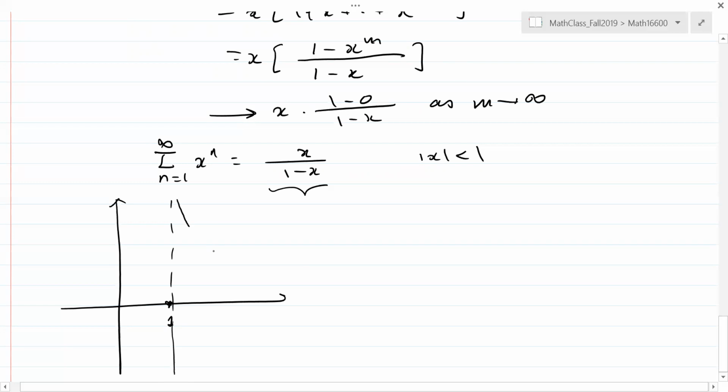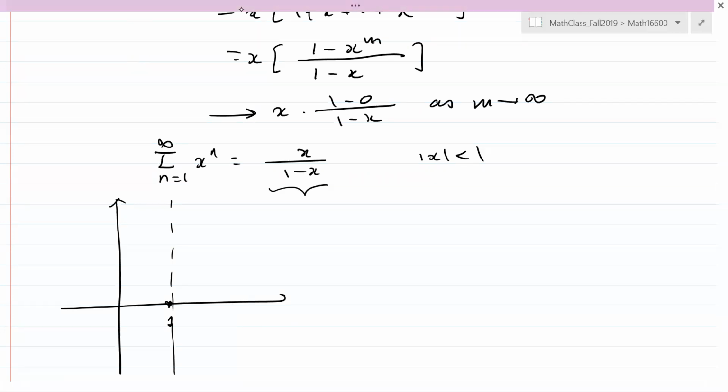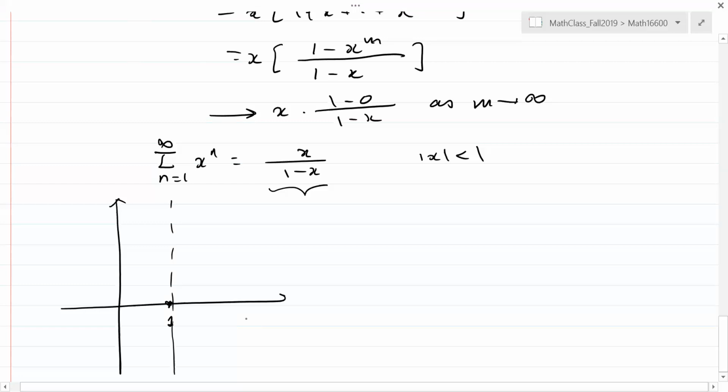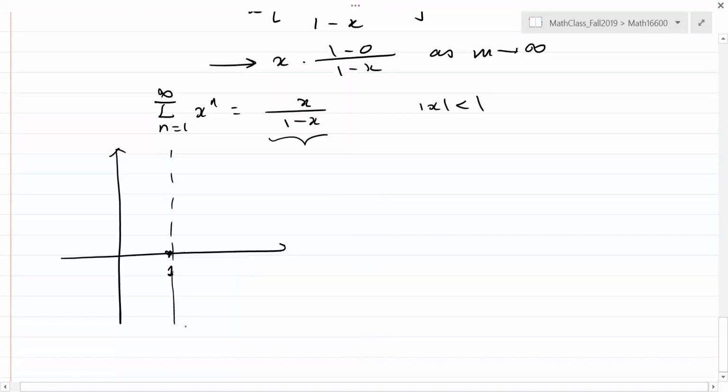So for x greater than 1, the denominator is negative and the numerator is positive. It goes like this. This is a horizontal line, y equals negative 1.